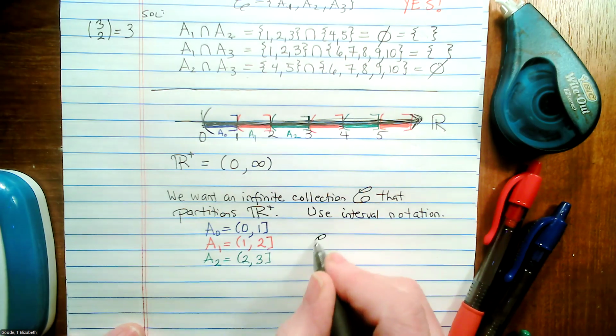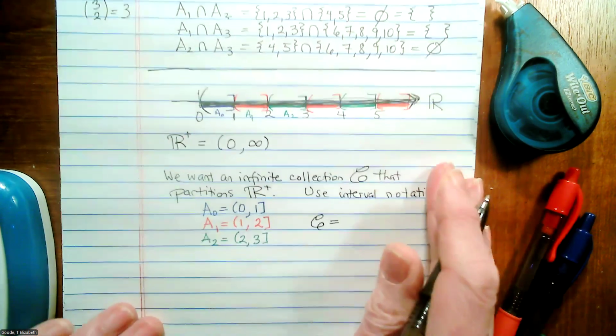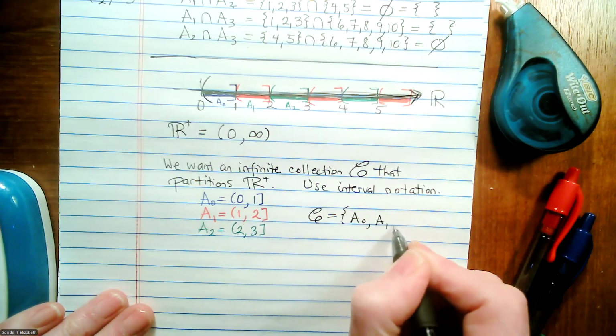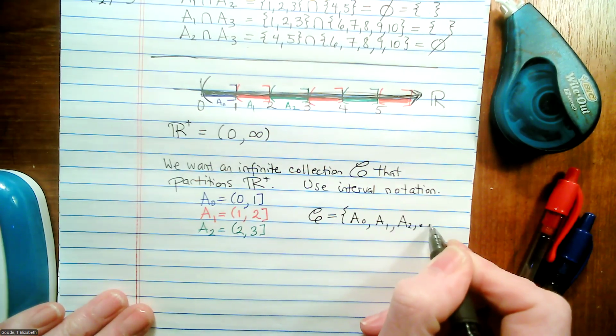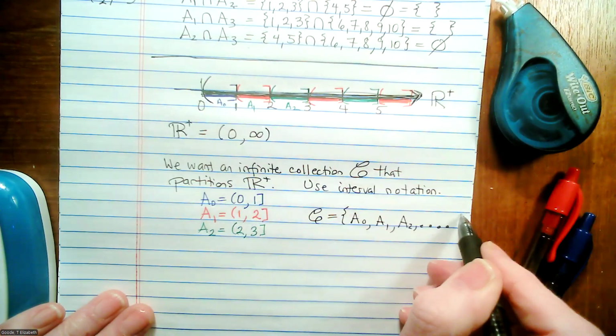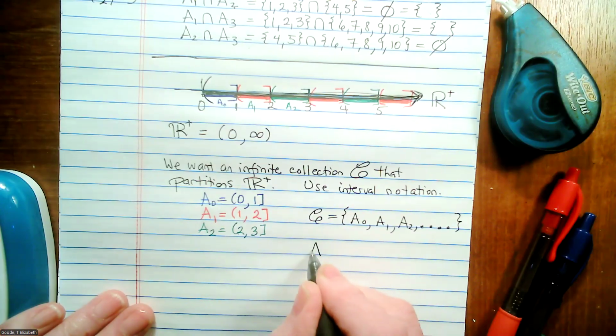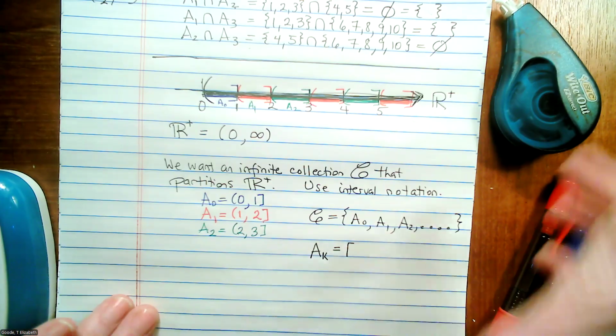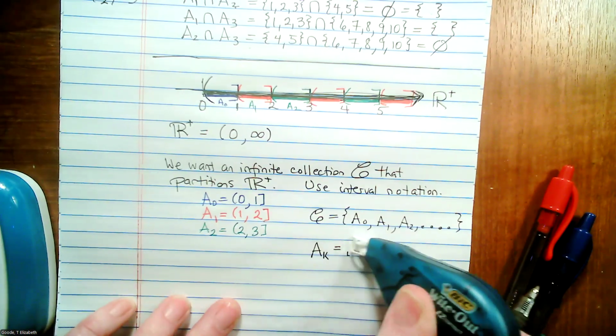So our collection could be A0, A1, A2, just keep on going forever because we want to fill up the whole positive number line, right? Where A sub K is, oops, I want the soft bracket here because of the 0.